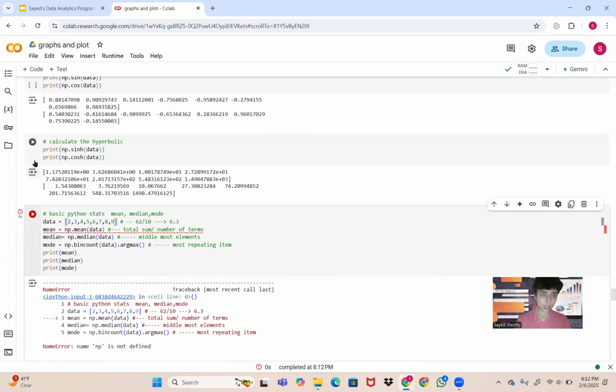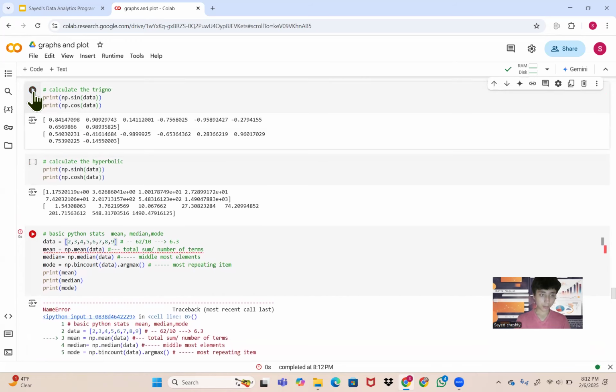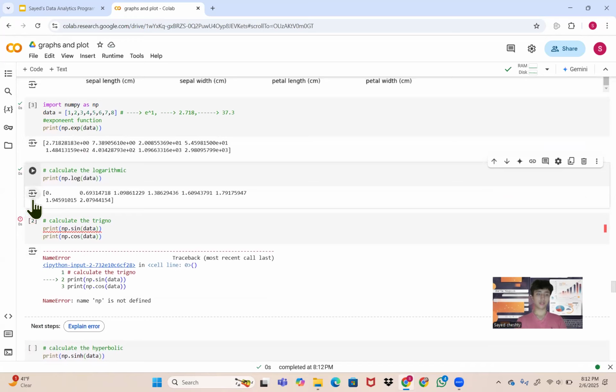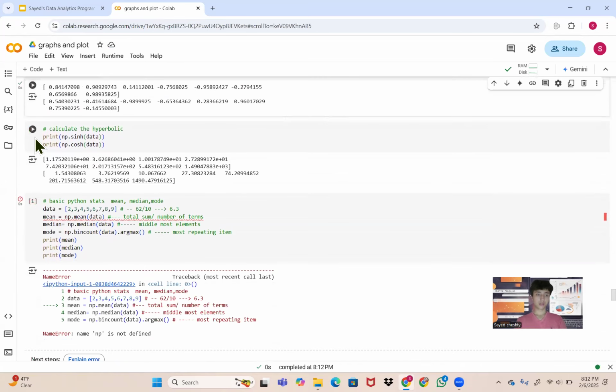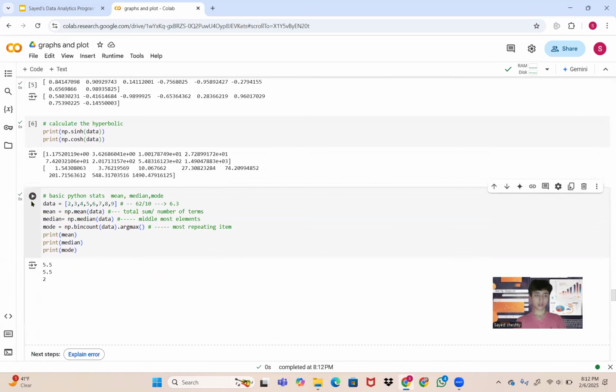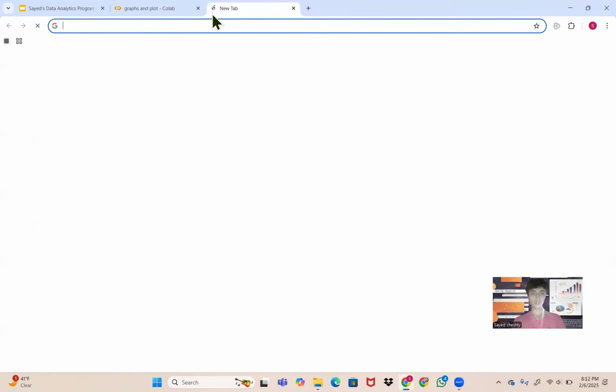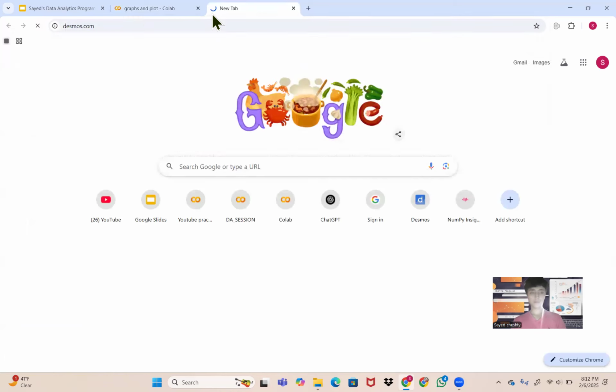The reason we don't get it is because we have to go all the way back to import. So the mean is the total sum of numbers over the number of terms.